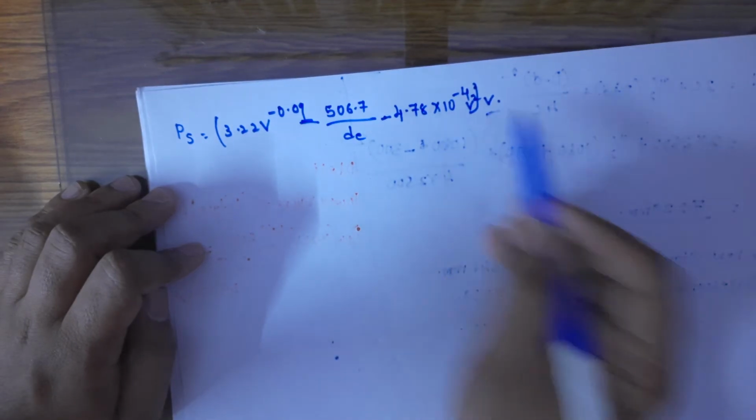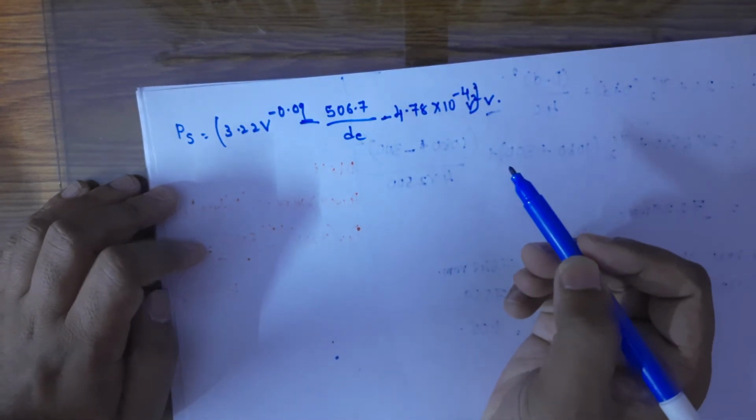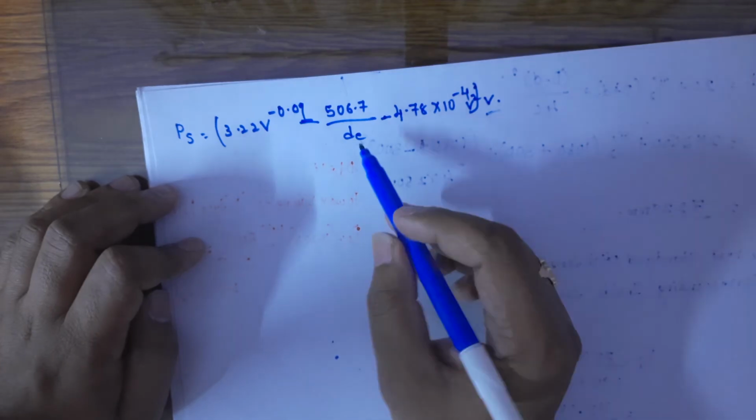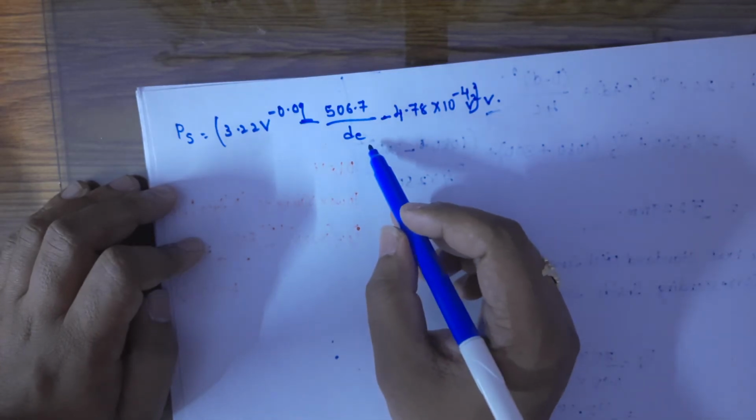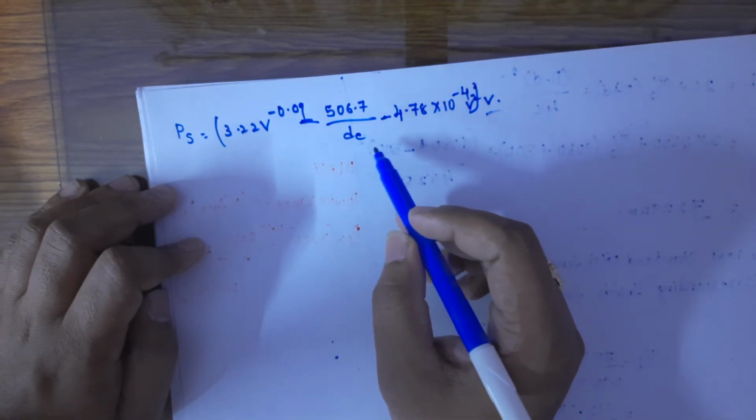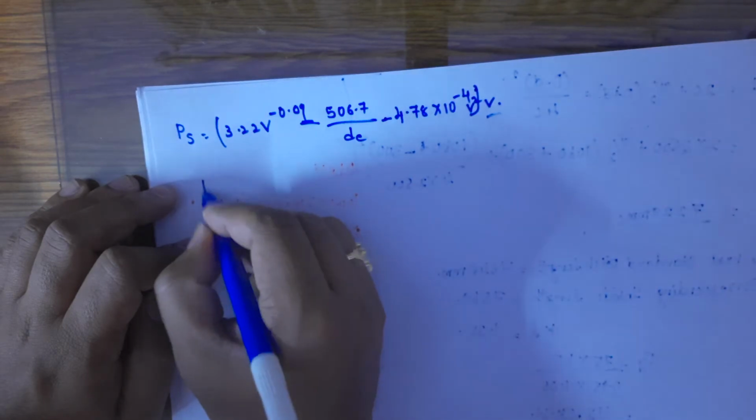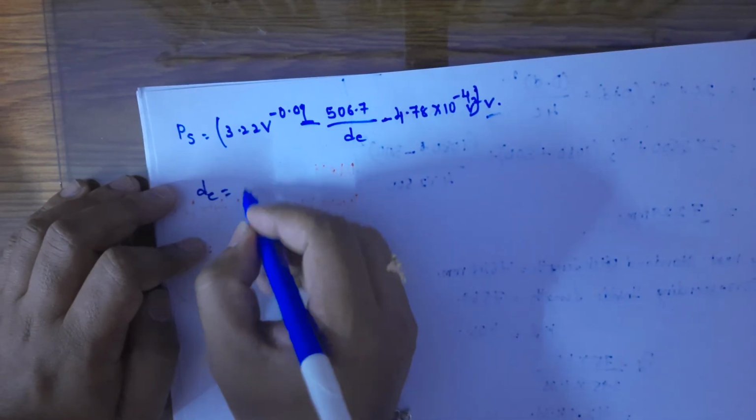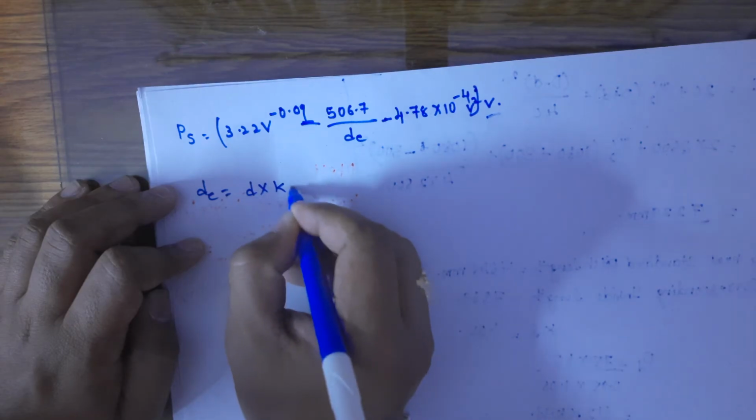Here V is nothing but your belt speed, in meters per second, and DE is the equivalent pitch diameter. The equivalent pitch diameter can be found out by DE is equal to D into KD.